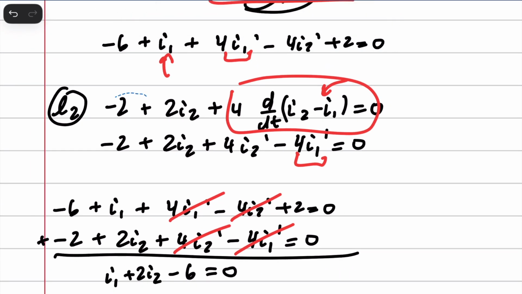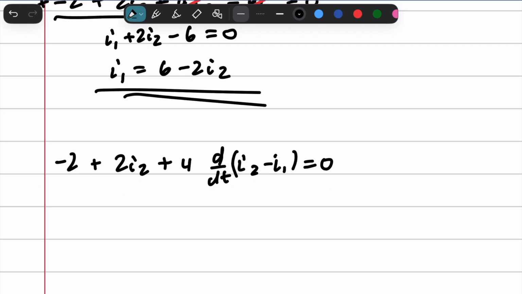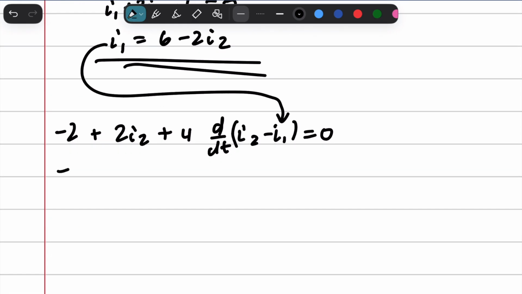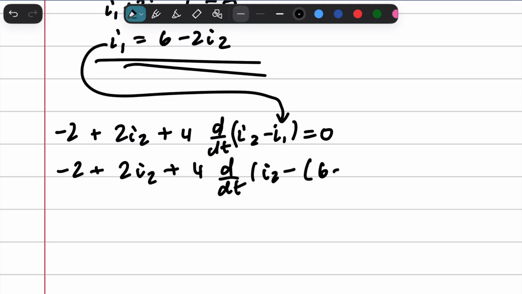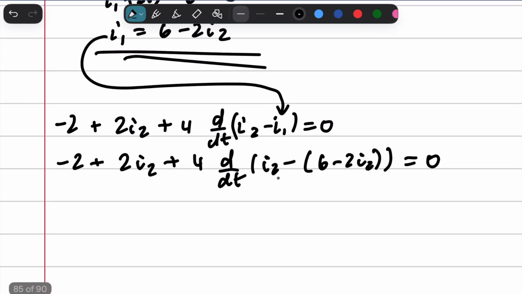So let's go ahead and take this one right here. Let's plug in our I1 into here. And so we're going to get negative 2 plus 2I2 plus 4 d/dt of (I2 minus (6 minus 2I2)) equals 0. All of this simplifies down to 3I2 minus 6.